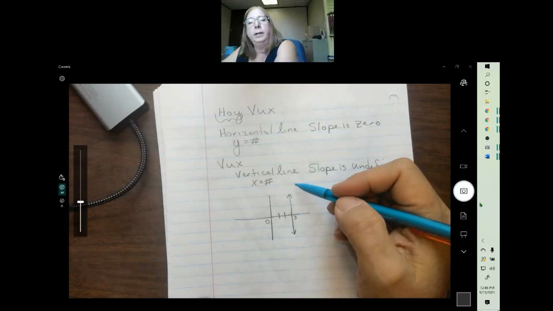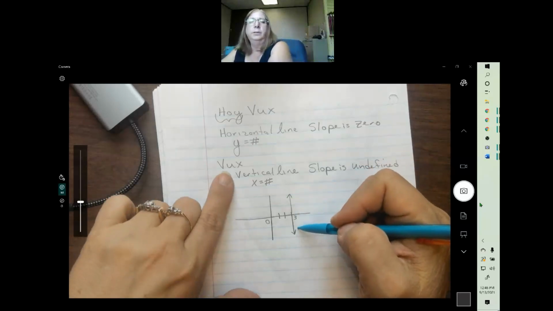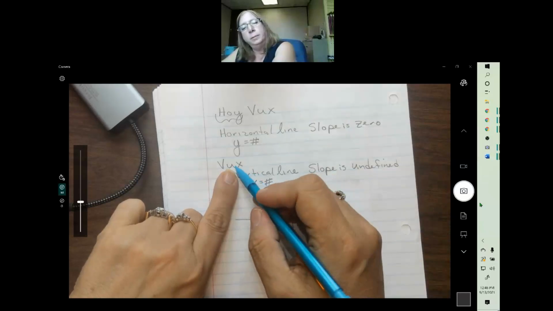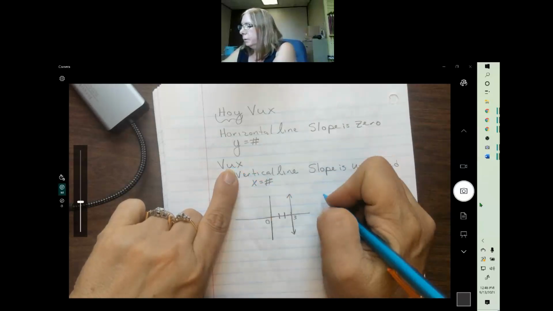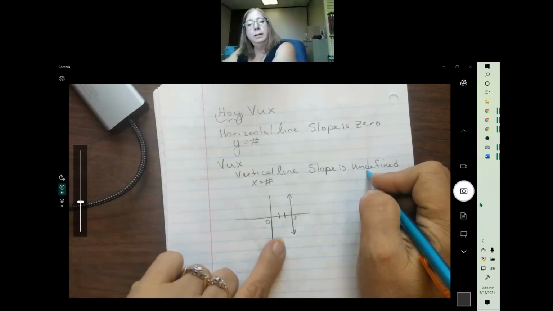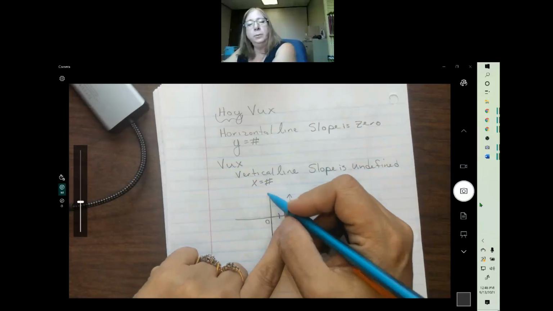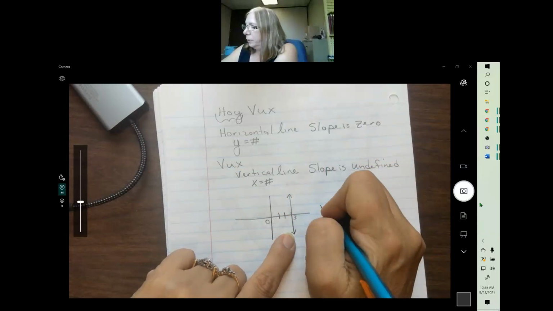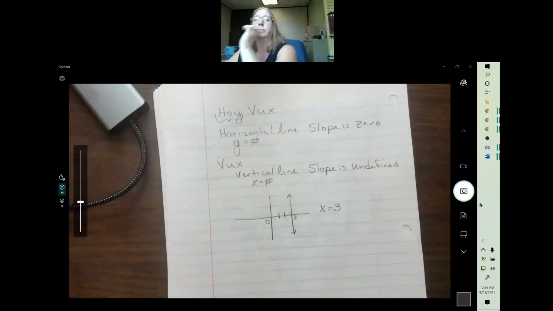And this is a vertical line. So that tells me it's this one. The slope is the middle part, undefined. And then the equation, x equals whatever number it hits when it crosses the x-axis. So the equation would be x equals 3. Any questions on those?